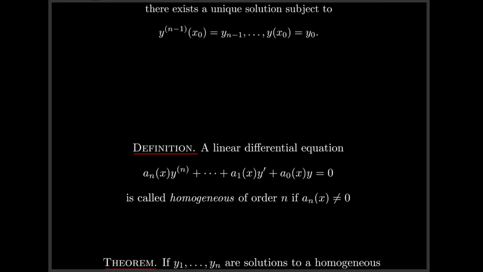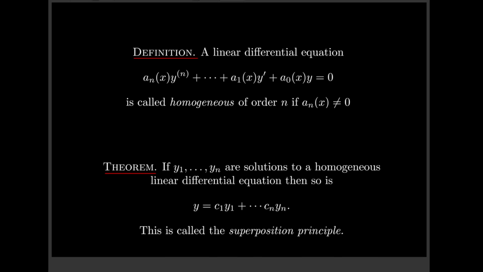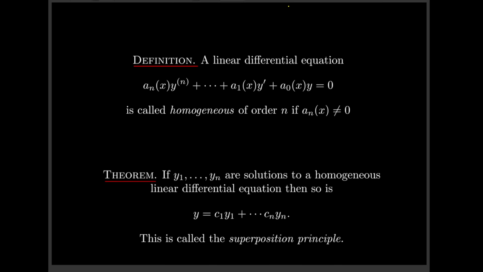But before doing so, let us just recall the following definitions. A linear differential equation is called homogeneous when the right-hand side is equal to 0. And for homogeneous equations, we have the following theorem, which is called the superposition principle. That says that any linear combination of solutions to a homogeneous differential equation is itself a solution to the same homogeneous linear differential equation.